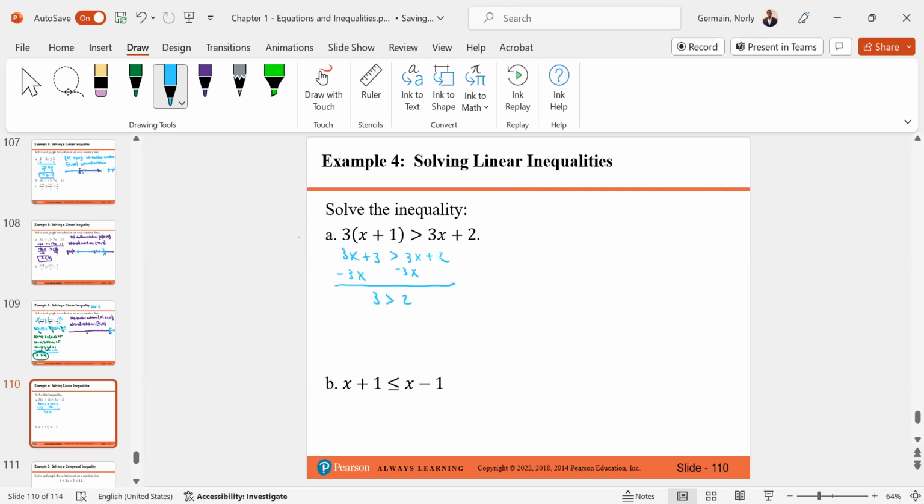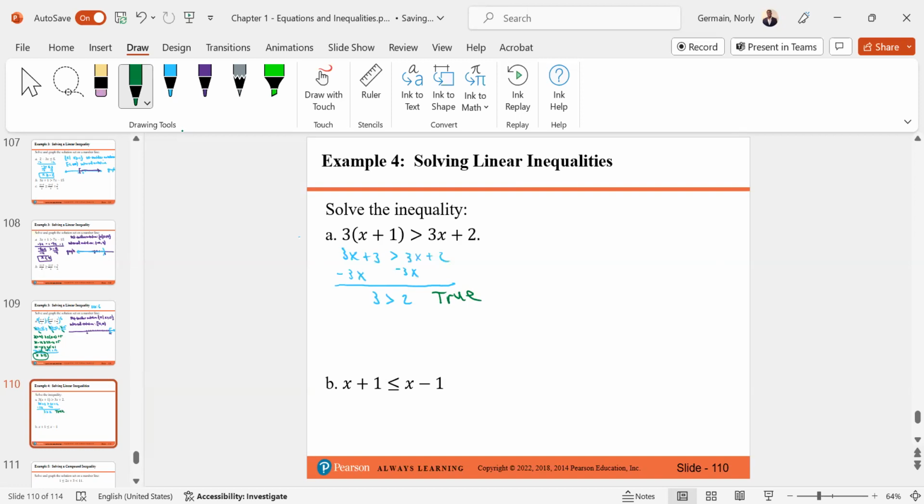Yeah, this statement is true. It is really true. 3 is really greater than 2. So the inequality 3 greater than 2 is true for all values of x.